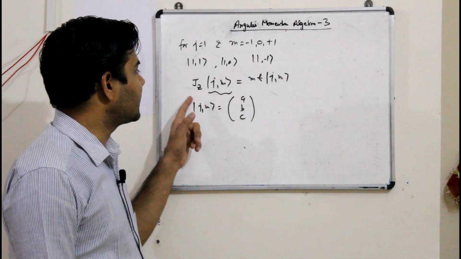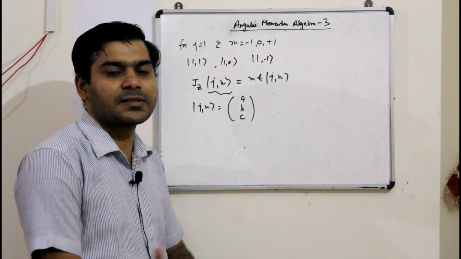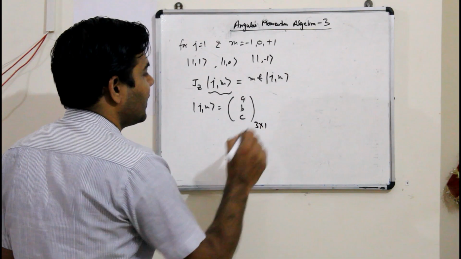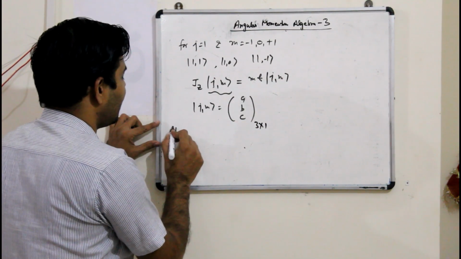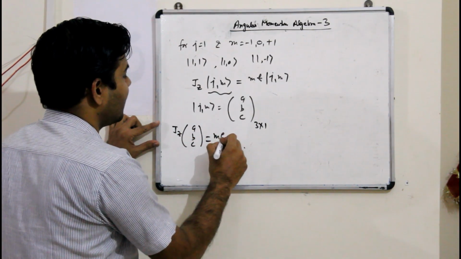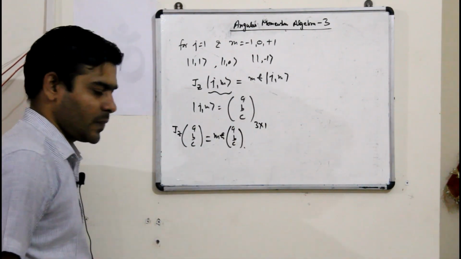A 3 cross 3 matrix has to act on 3 rows, and a column vector means it has one column only, so it has to be of 3 cross 1 type. So we take it to be, let's say, a, b, c. The action of Jz on this a, b, c will be m h cross times a, b, c back. This is the eigenvalue equation for Jz.